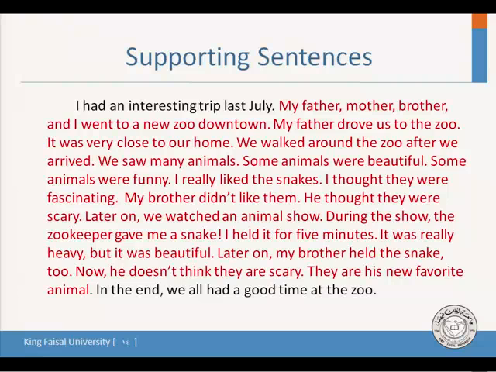For example, my father, mother, brother, and I went to a new zoo downtown. My father drove us to the zoo. It was very close. We walked. We saw many animals. I liked the snakes, etc. All these sentences describe what happened during the visit to the zoo. So they support, they give us details about the topic, or about the topic sentence.